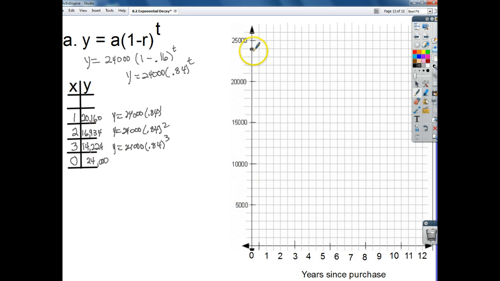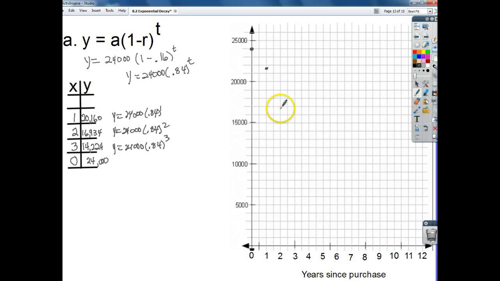So we've got 0 and 24,000. Let's put in 1, and we're up to 20,160. So that's 21, and then 160 would be about in here. All right, at 2, we're at 16,934. So 15, 16,000, 934.